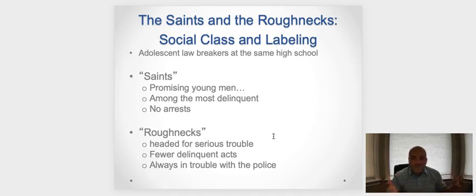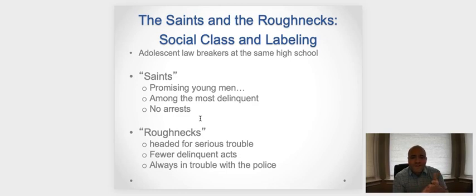Now, all of these boys, these are high school kids, all of these boys were engaged in deviant behavior. The saints were documented as being truant from school, underage drinking and driving, petty theft, and vandalism. Okay, so they're doing all these small kinds of crimes.